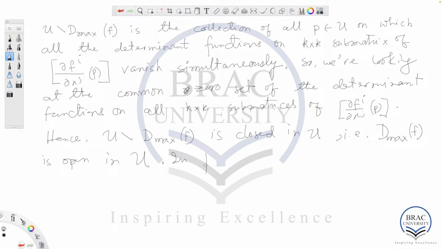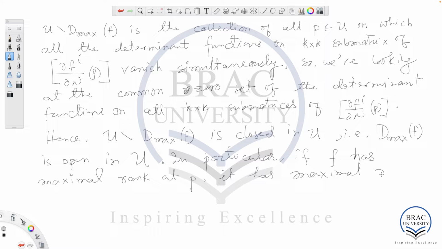In particular, if F has maximal rank at P, it has maximal rank at all points in some neighborhood of P. Whenever it has a maximal rank at a point, it's not at just that point on which it's maximal.